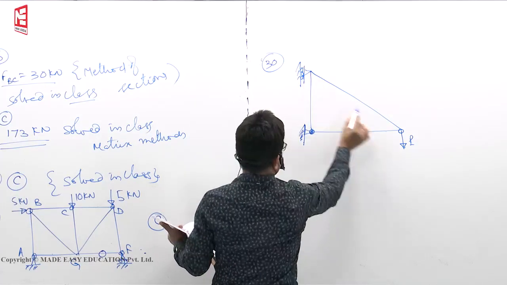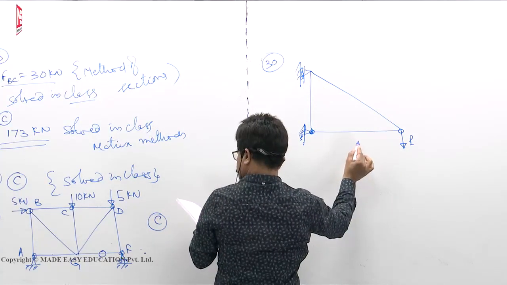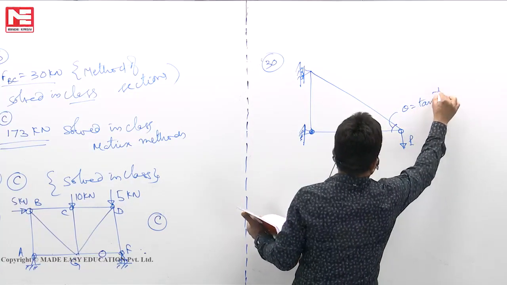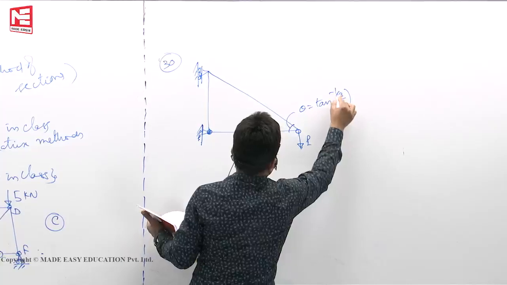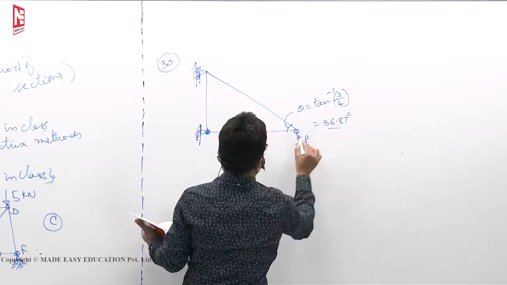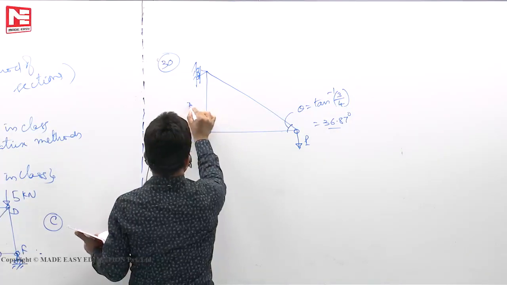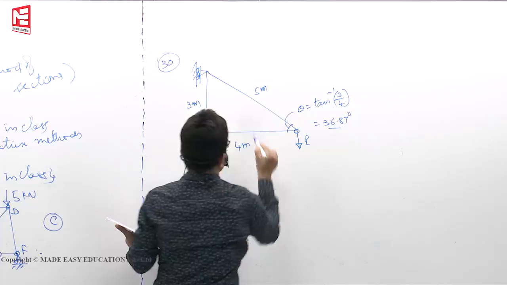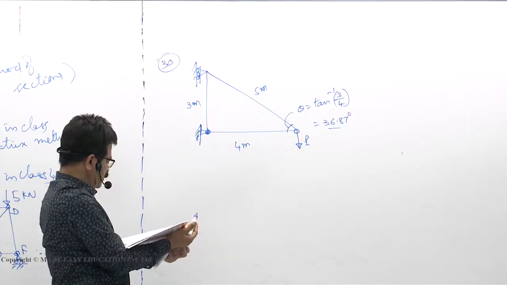Here it is reaction. Theta is tan inverse 3 by 4. Tan inverse 3 by 4 means 36 point some 87 degrees. 3 by 4 means this is 3 meters, 4 meters and this is 5 meters. Then only theta will happen like that.